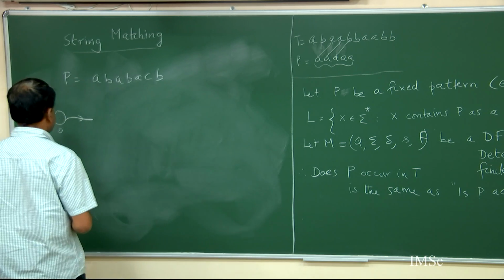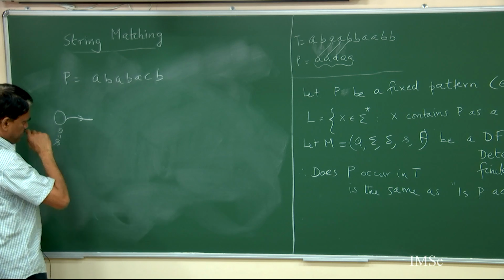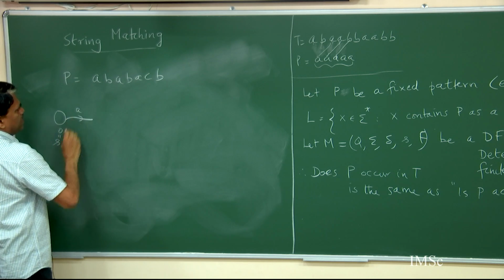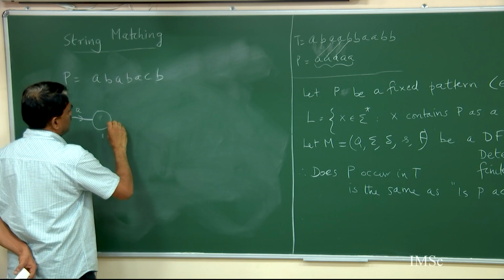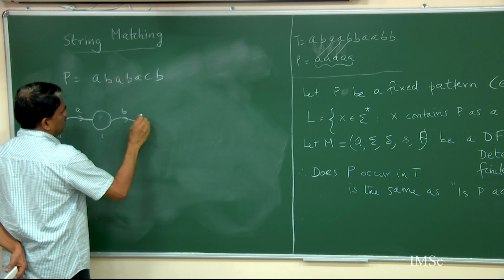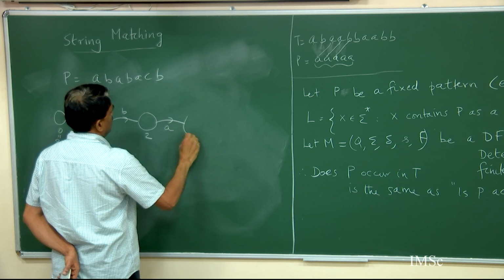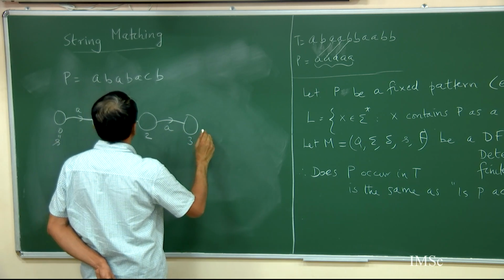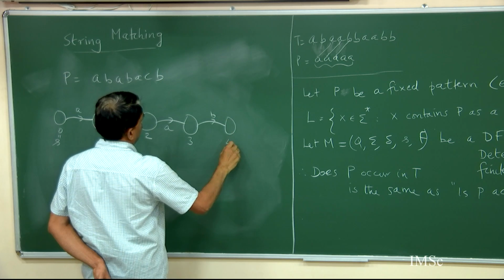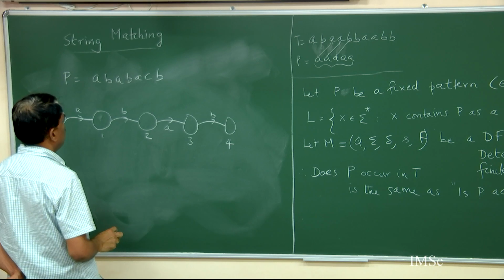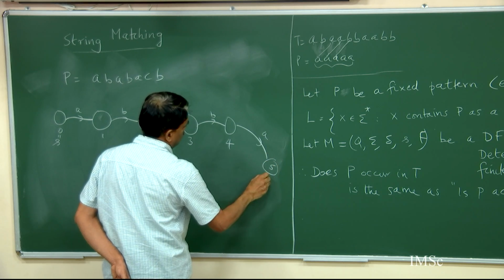I am at a particular state. This is my starting state, let us call this S, and when I get an A, then I found a match. So let me go to state number 1, and when I get a B, I go to state number 2, then 3, and so on.